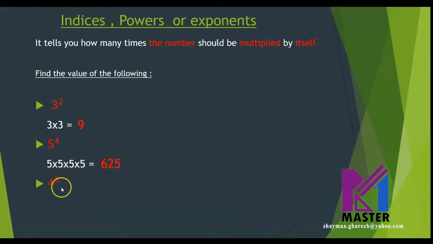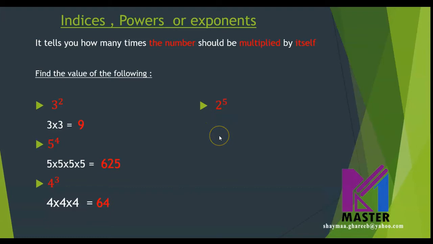We can also say 4 cubed. As we said, when the power is 3, I can read it two ways, to the power of 3 or using the word cubed. So 4 times 4 times 4 equals 4 times 4, 16, times 4 one more time will be 64.